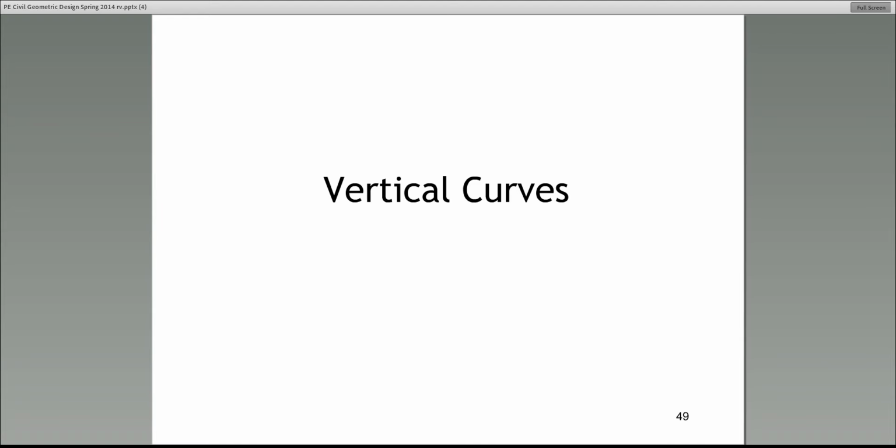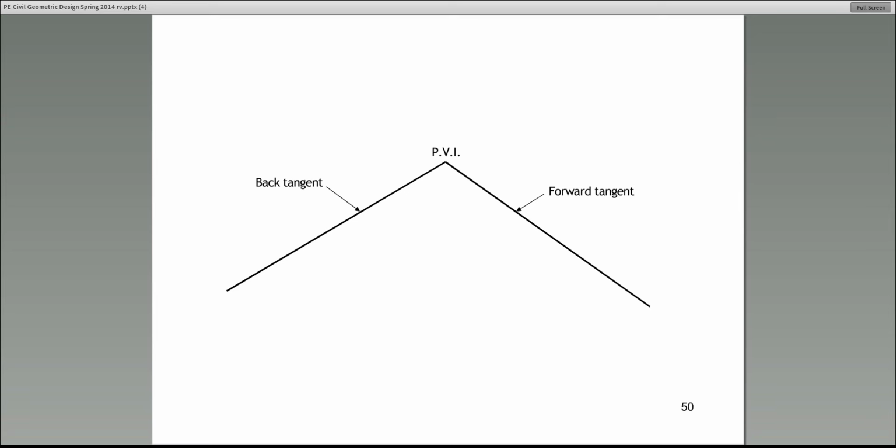Now, the next topic that we're going to cover is vertical curves. Vertical curves also will be on the test, so we'll cover it. I need for you to understand vertical curves basically also relate to alignments, but these are in the vertical plane.